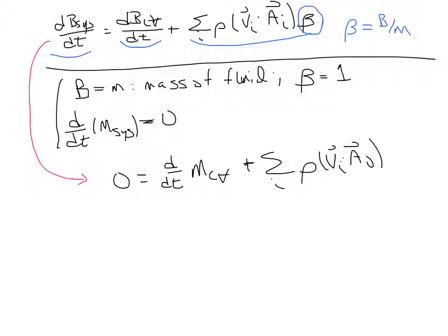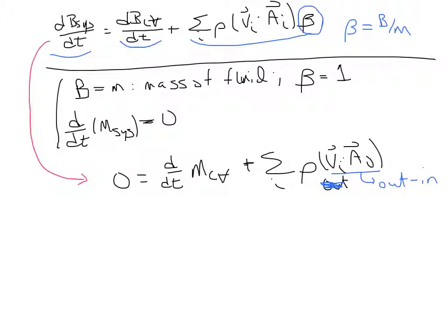Now frequently for mass conservation, we rearrange this expression. Here we have outflows, actually I'll do this in a different color. This expression tells us that outflows minus inflows are what emerge from this dot product.